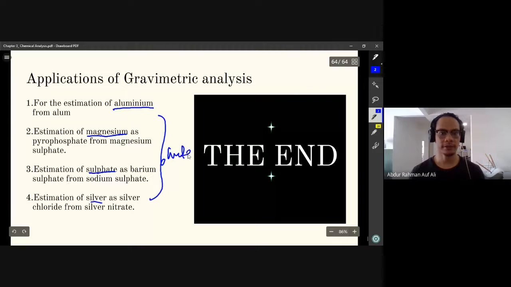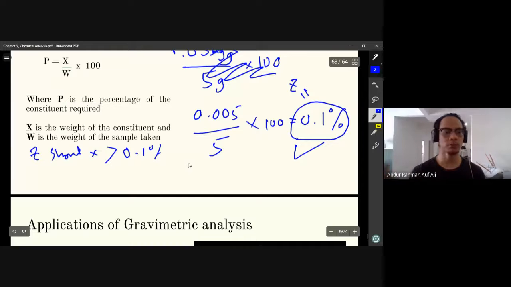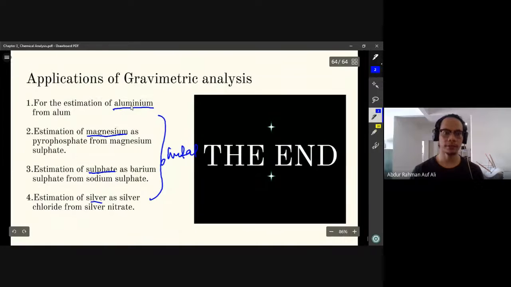So if we have the presence of heavy metal in our drug, kita tak boleh nak eliminate in the formulation process, kita tak boleh nak buang. Tapi we allow a small percentage dalam kita punya ubat. So contohnya kat sini 0.1% saja, very very small. So kita mesti detect and report for the safety of the consumer lah, orang nak makan ubat. Okay, so these are the applications, any ubat yang mengandungi these things.